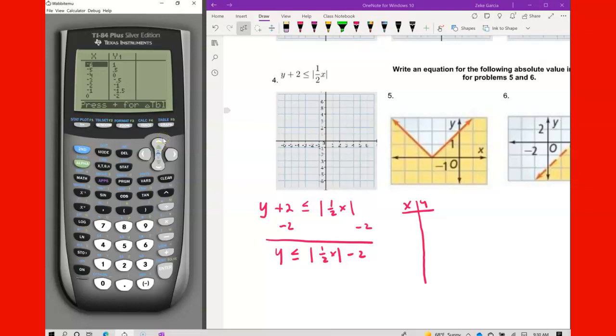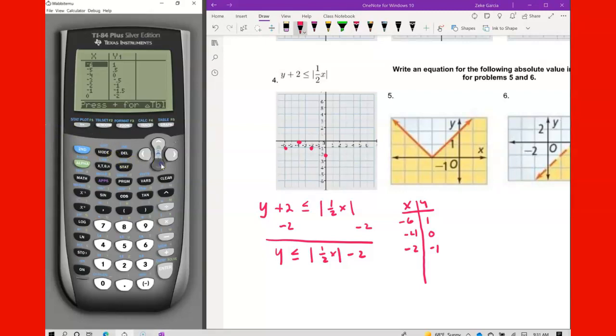I guess we have -6, 1. -4, 0. -2, -1. And then I have 0, -2.